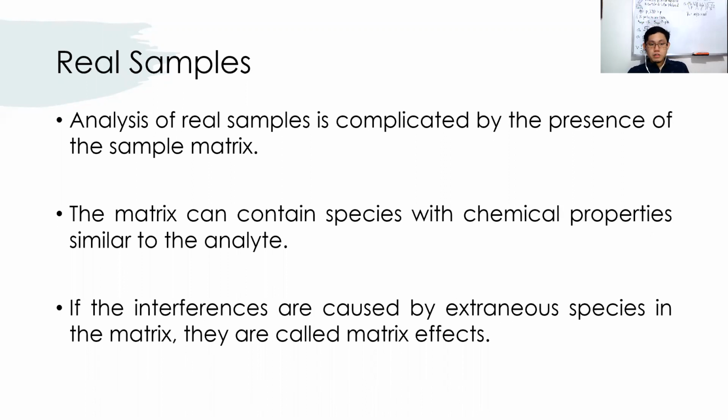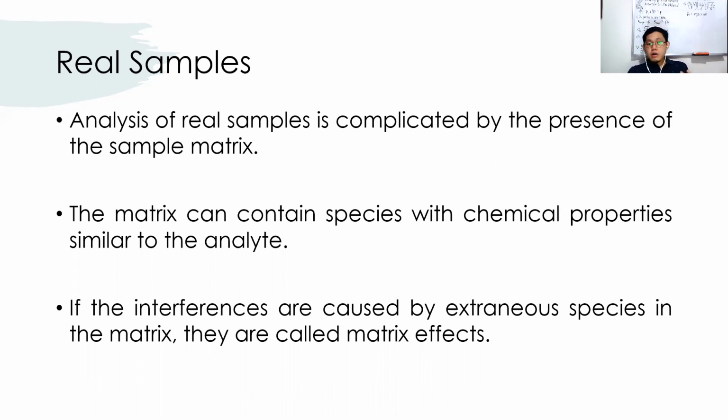So, pangalawa, the matrix can contain species with chemical properties similar to the analyte. Possible na mangyari ito pagka sa precipitation reactions. Pagka nagpe-precipitate ka, it's possible na merong co-precipitation.